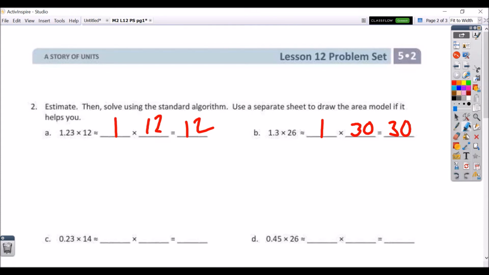Now let's go down here. This one's interesting because it's a 0 in the ones place. So if we rounded to the ones place, we would get just 0. And 0 times anything is 0, that wouldn't really be a useful estimate, would it? So what do we do? Well, let's just go to the next place value that actually has a value and round to that one.